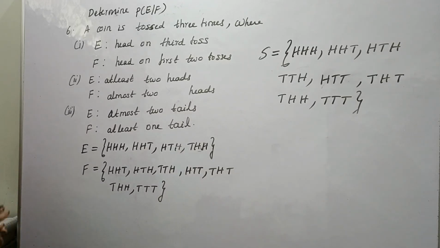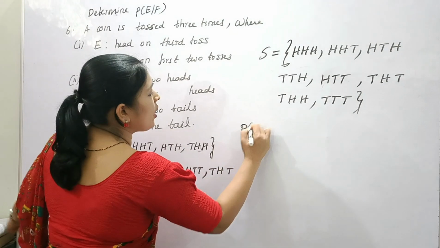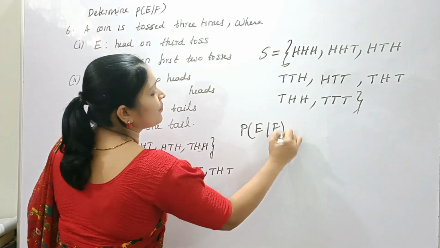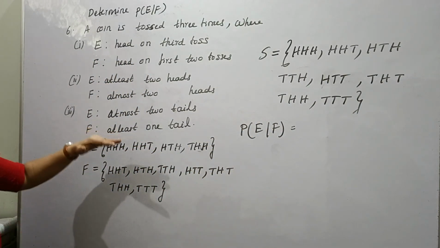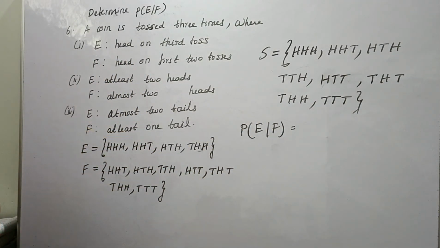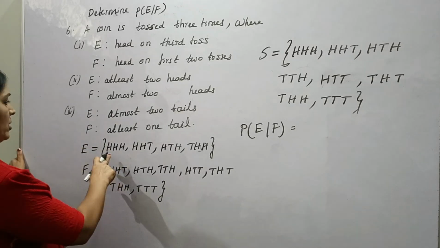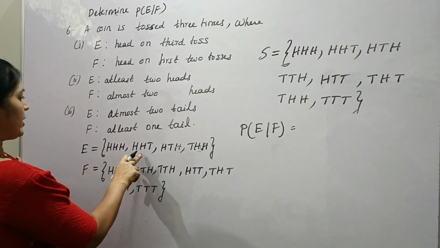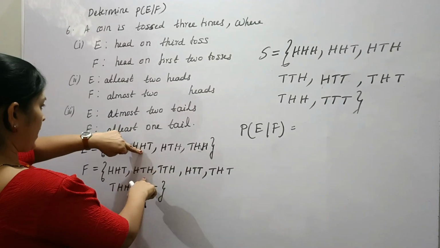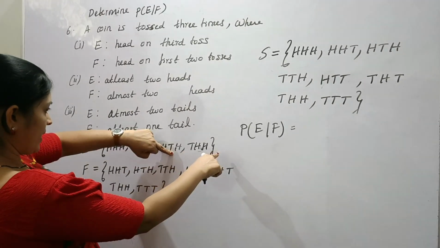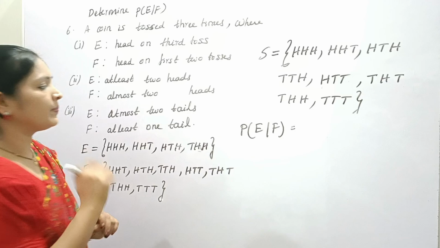Now, what is the probability of E given F? What are the elements in the intersection? That is HHT, 1, then HTH, 2, then THH, 3, right?